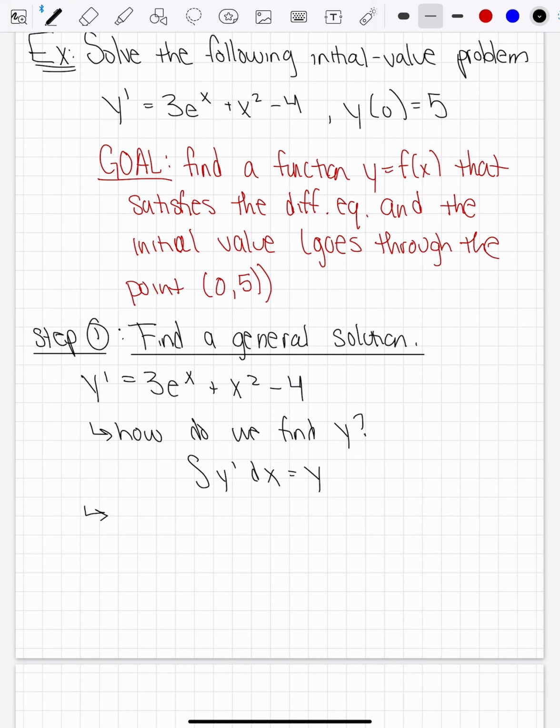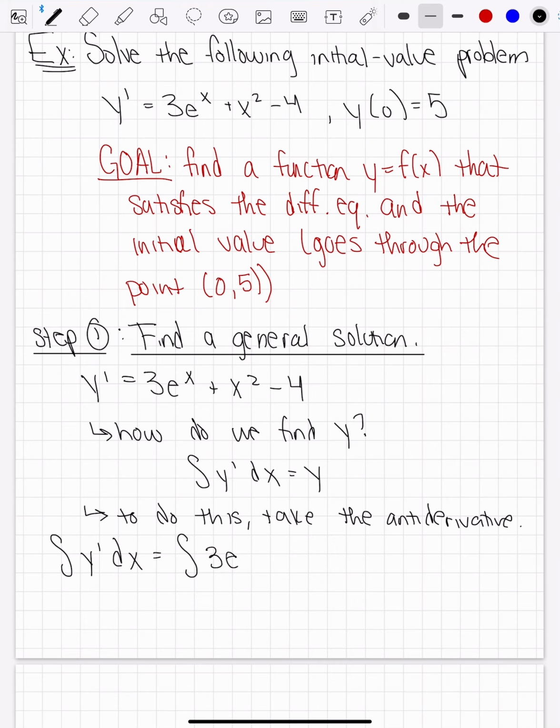So to do this, take the antiderivative, right? So the integral of y prime dx is equal to, we know what y prime is, 3e to the x plus x squared minus 4 dx.